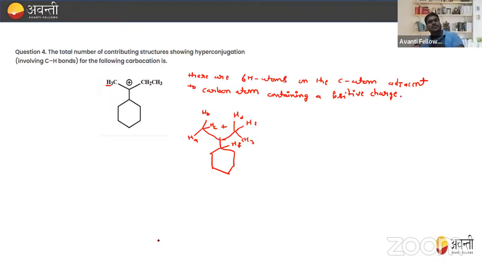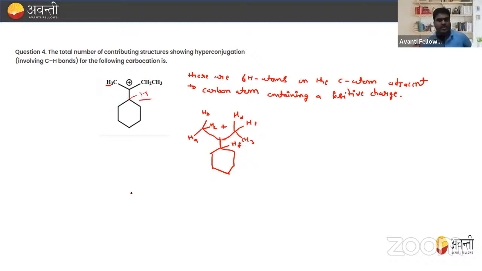So in this carbocation, we can observe carefully: we have CH2, one CH3 and two hydrogen atoms. So how many hydrogens?